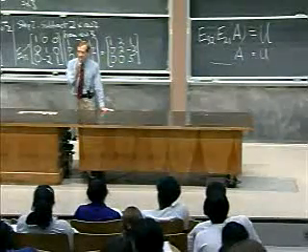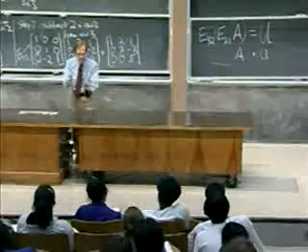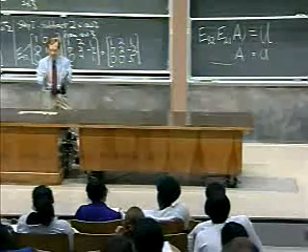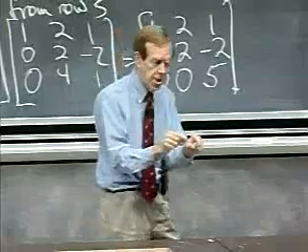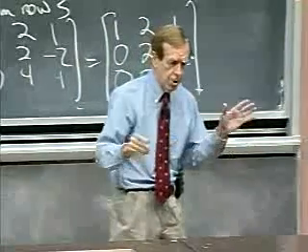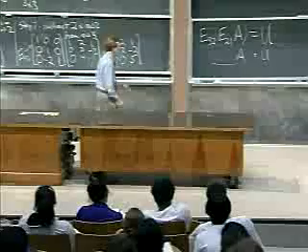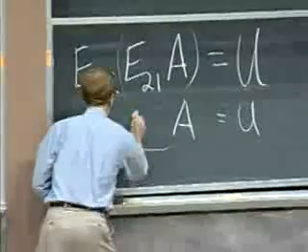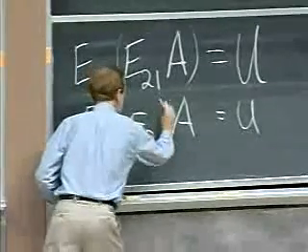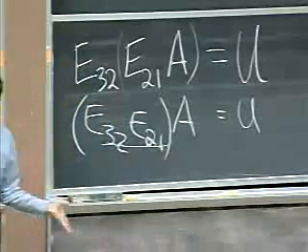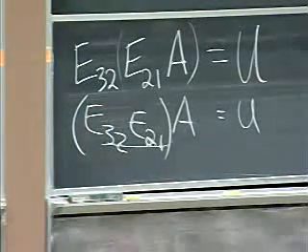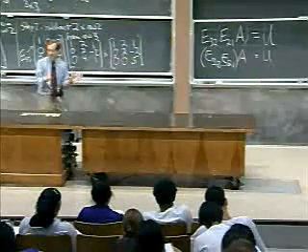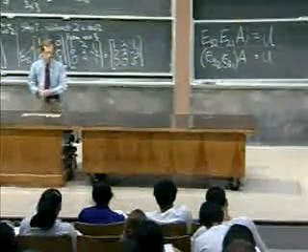If I keep the matrices in order, I can't mess around with the order of the matrices. But I can change the order that I do the multiplications. I can multiply these two first. You see what those parentheses are doing? It's saying multiply the E's first, and that gives you the matrix that does everything at once.